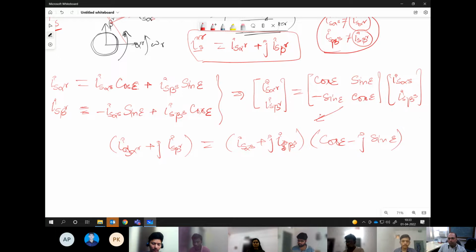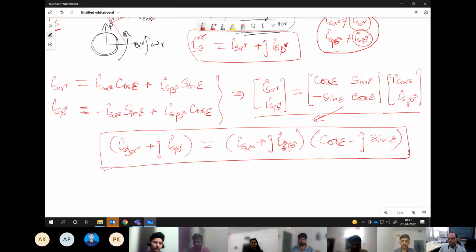This is the expression of these two equations in vector form. Can you see that? So IS alpha will get multiplied to cos and sin both. So if you segregate the real and imaginary components on both sides, you will find the same equation again.